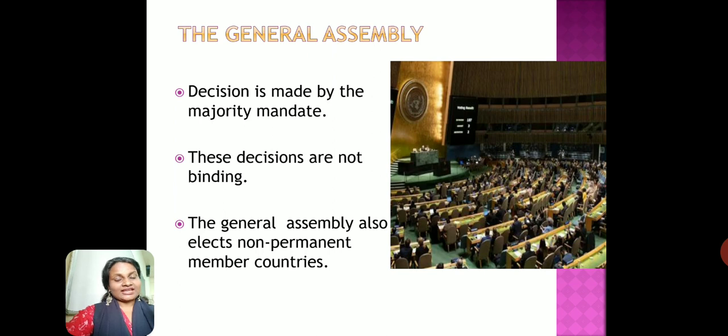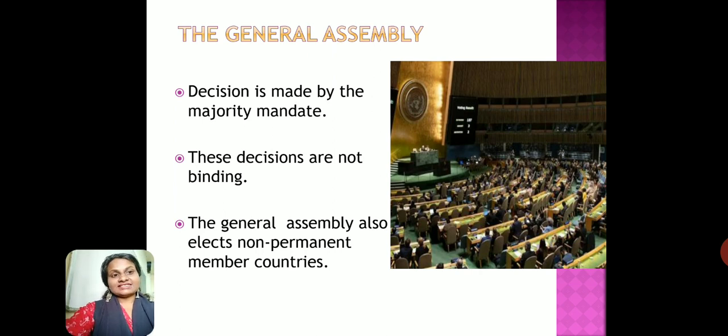As usual in a democracy, when voting is done, you count the votes, and whoever gets the majority wins or forms the government. Similarly, in the General Assembly, if it's a yes or no question, whichever topic gets the majority votes gets passed or approved.